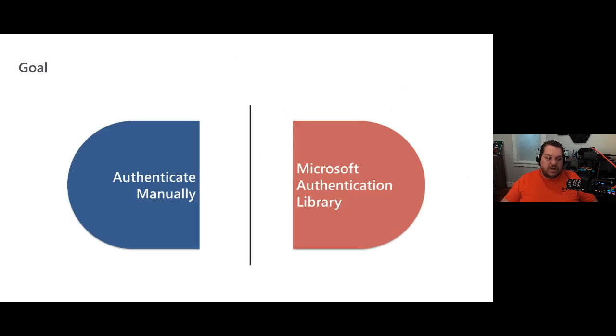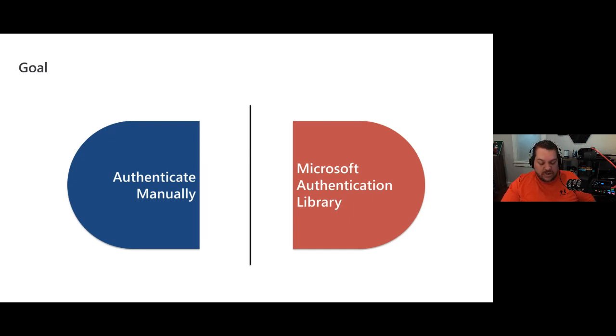So let's talk about identity development with Microsoft Identity Platform. And so we have two goals. It's two really big overarching forest-from-the-trees goals today. The first one is to authenticate manually. We're going to learn the components of authenticating.